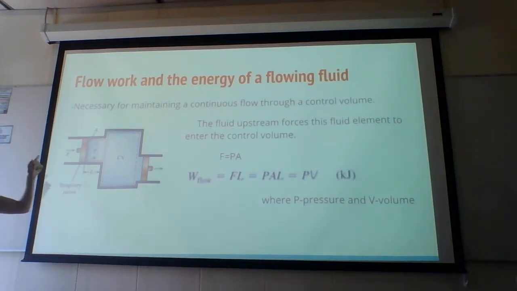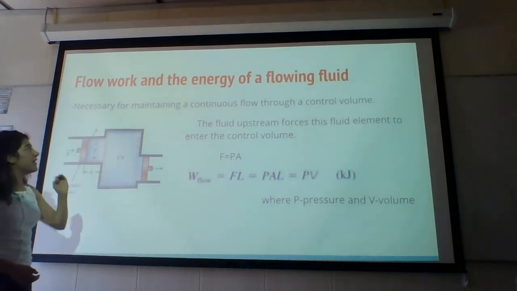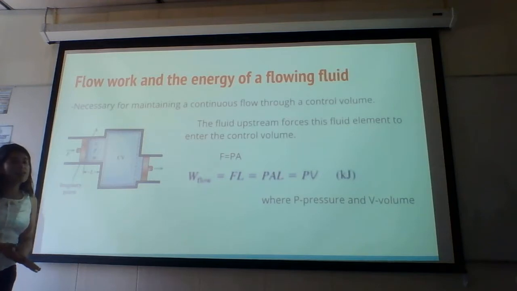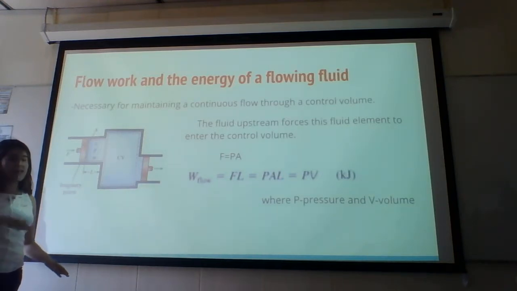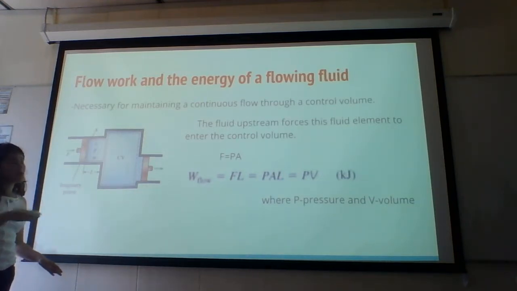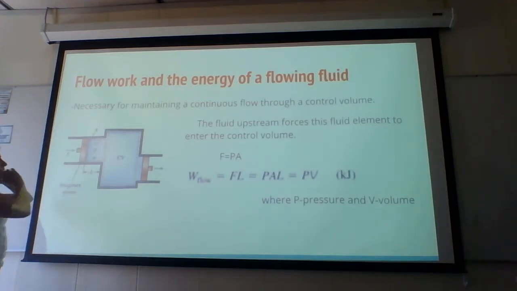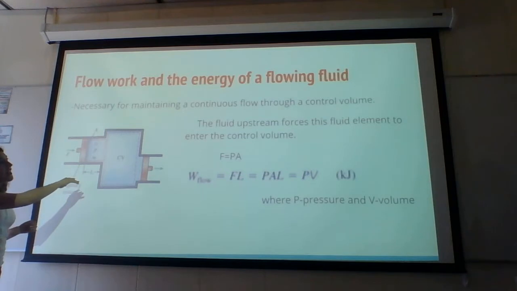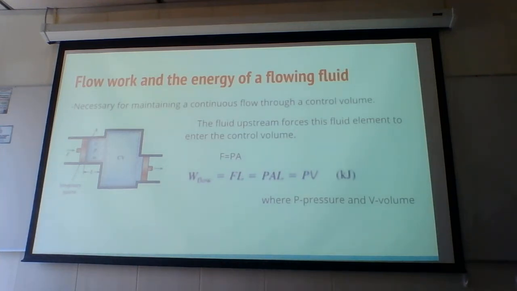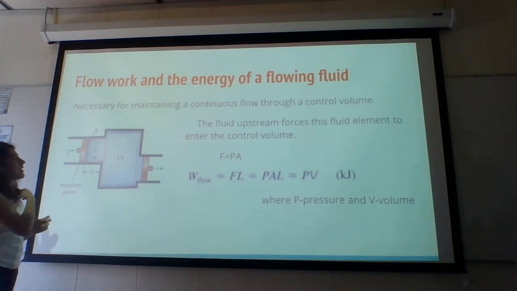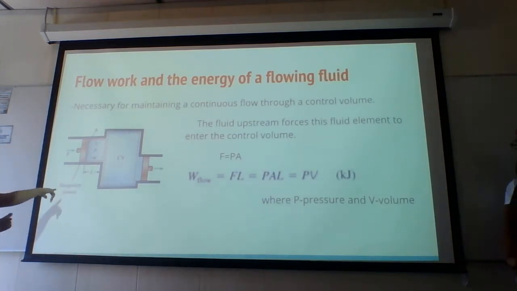And now for flow work and the energy of a flowing fluid. The flow work is the work necessary for maintaining a continuous flow. In this case, the fluid upstream forces the fluid element to enter the control volume. We can imagine that there is an imaginary piston.